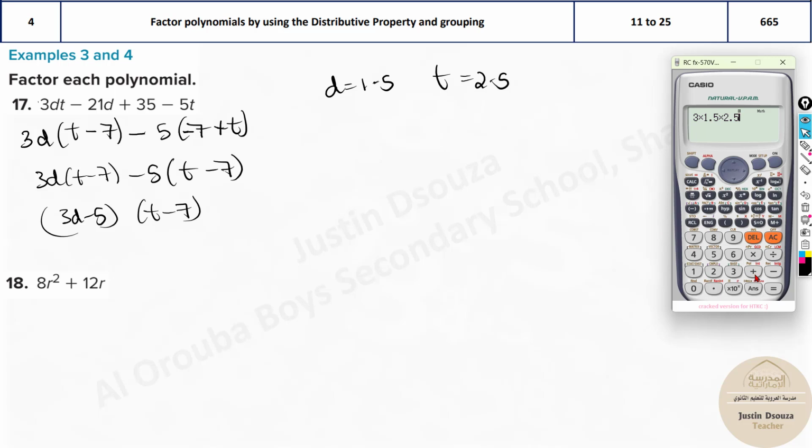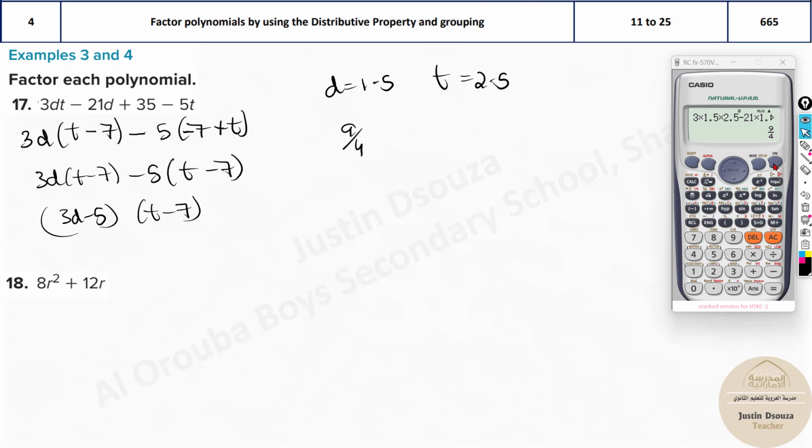Just be careful when you're substituting. See which variable exactly. D is 1.5 plus 35 minus 5 times T is 2.5. These are all shortcut methods. 9 by 4 is the answer. It's 2.25, 9 by 4.